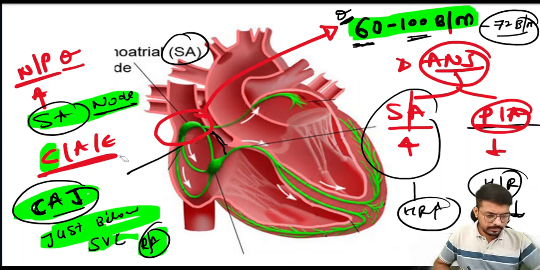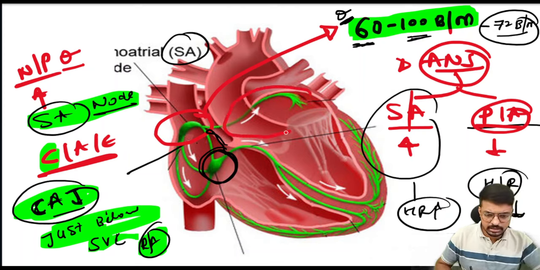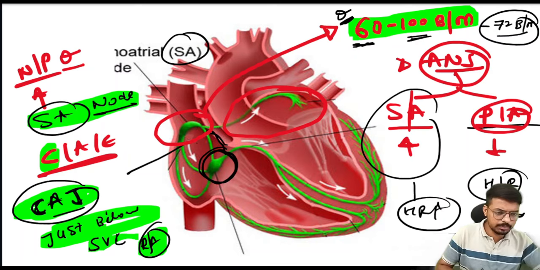Next is our AV node. The SA node is finished. The SA node is responsible for transmitting the impulses to the entire right atrium and the entire left atrium also. This is important, so take note.